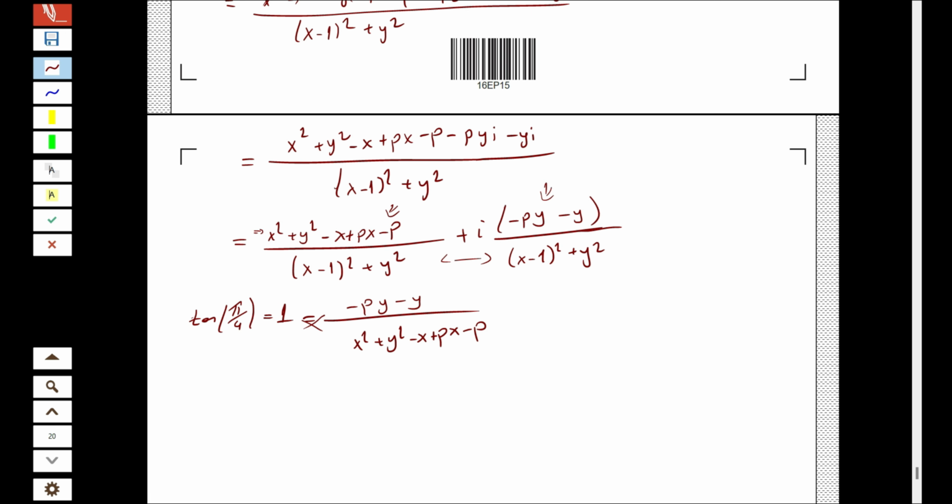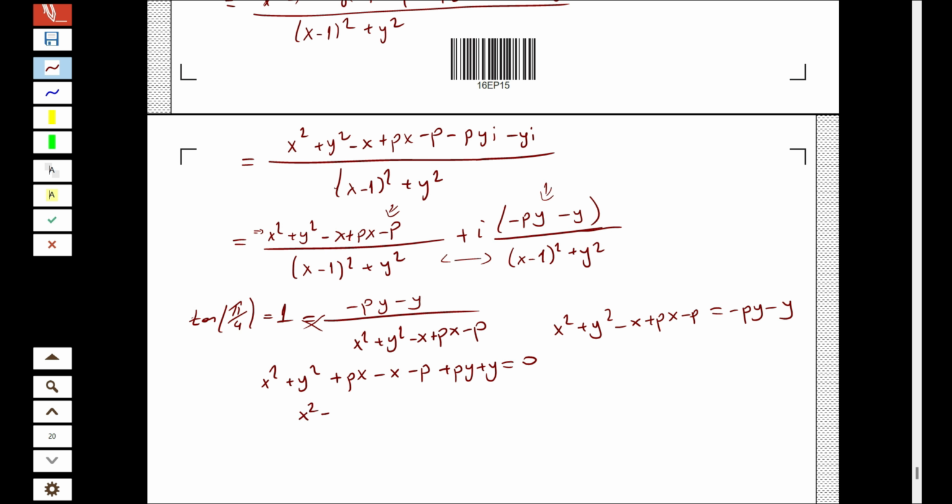So when you cross multiply, x squared plus y squared minus x plus px minus p equals minus py minus y, and collecting all of the terms on the left side, x squared plus y squared plus px minus x minus p plus py plus y equals 0.